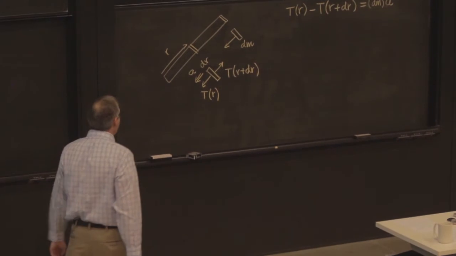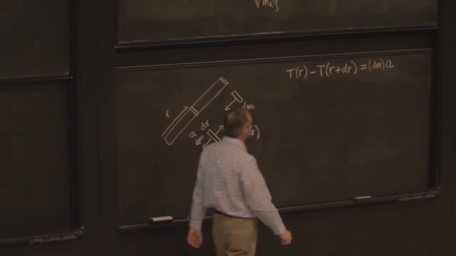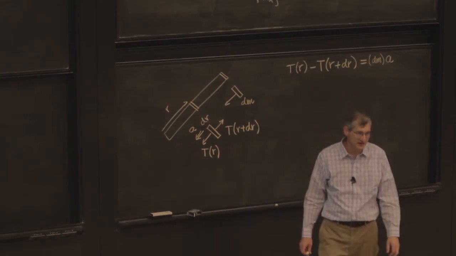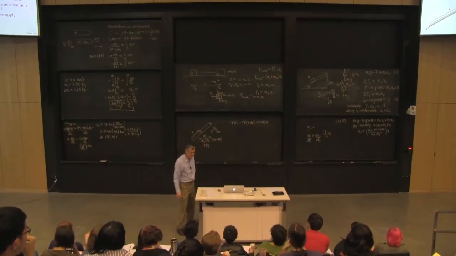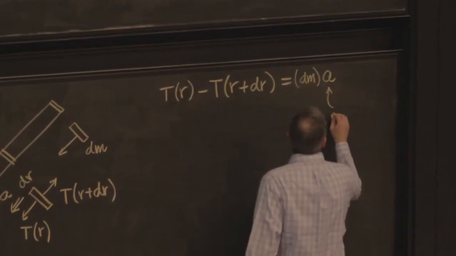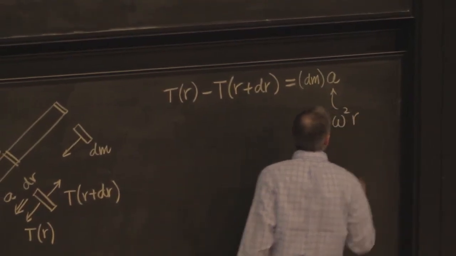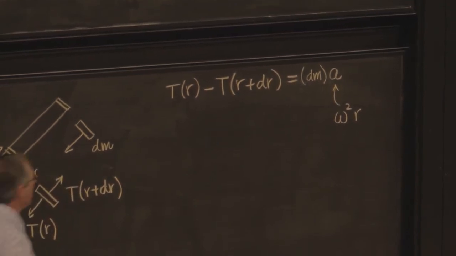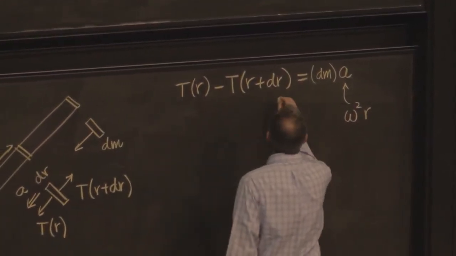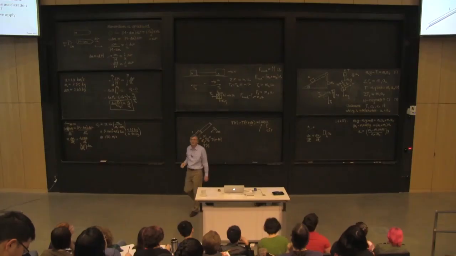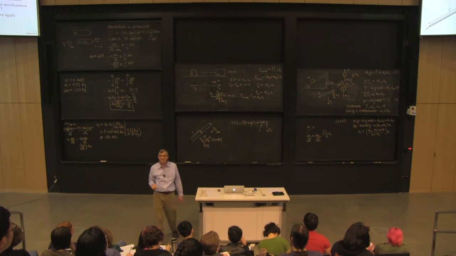Now, we derived last time an expression for the acceleration for something that goes around in a circle at constant angular velocity. What was it? This should be omega squared r. Okay. How about dm? Can I express dm in terms of dr? It's a uniform rod.